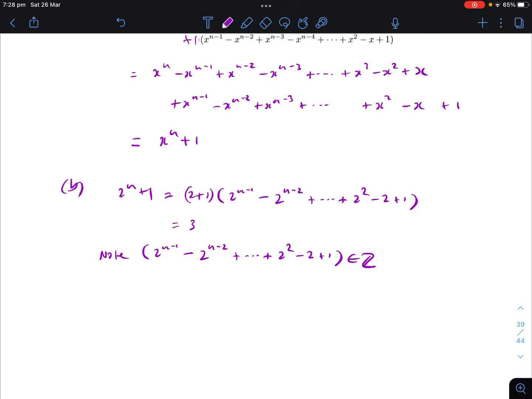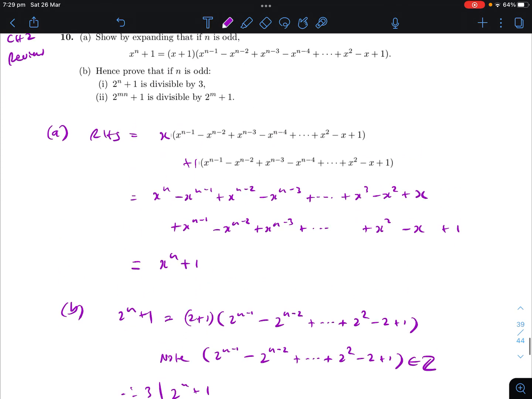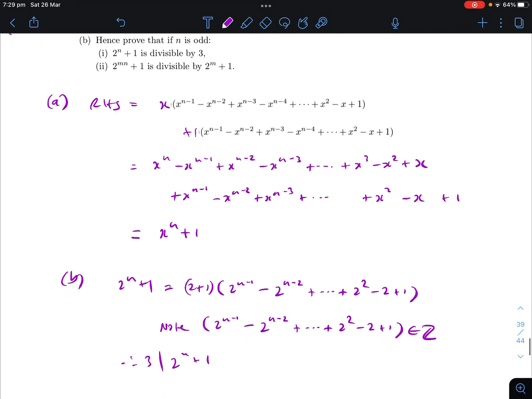Now, quite clearly, for positive integers n larger than 1, that is an integer, and so therefore 3 divides 2 to the power of n plus 1.